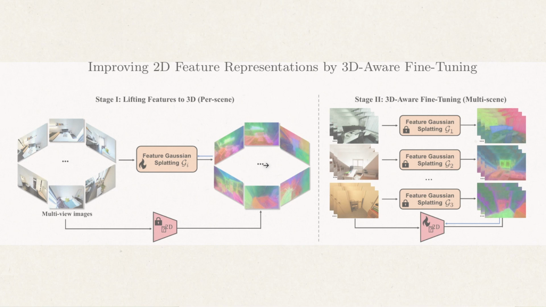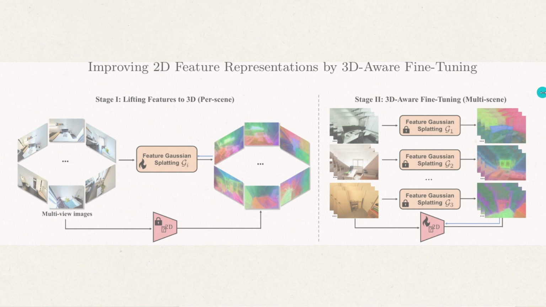The f vector is kept low dimensional to keep things efficient. Think like 16 or 32 values. But later on, they pass it through a small CNN decoder and project it back to a higher dimensional space, closer to what DINOv2 originally outputs.